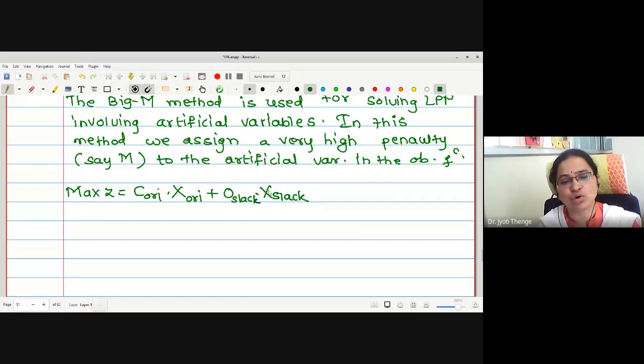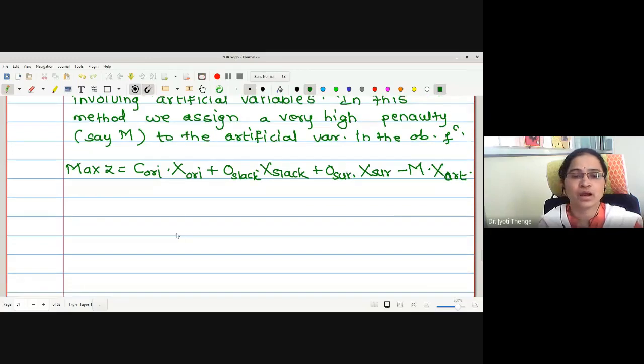We are assigning 0 cost to the slack variable, then 0 cost to the surplus variable also, and next minus M cost to the artificial variable. Understood the objective function? Original cost to original variable, 0 cost to both slack and surplus variables, and for the artificial variable we are keeping the cost in the objective function as minus M.